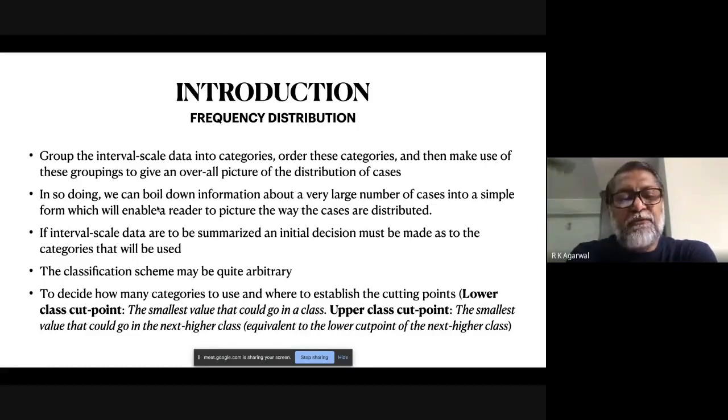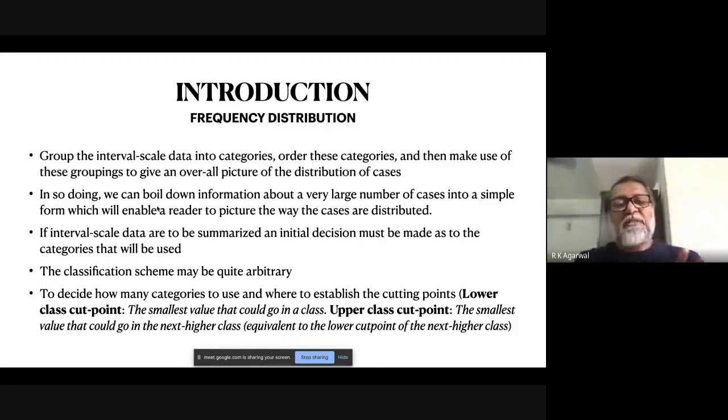For example, if your first class begins with 10 and goes up to 20, then your lower class cut point is 10. And then the next class is 20 to 30. So the upper class cut point is 20, which is the smallest value that could go in the next higher class. So equivalent to the lower cut point of the next higher class.